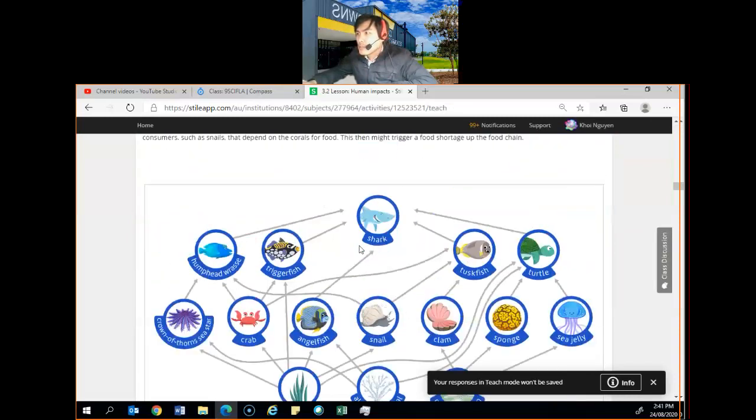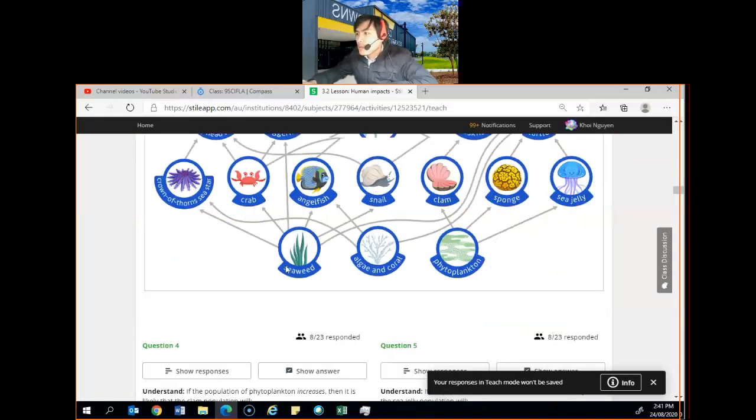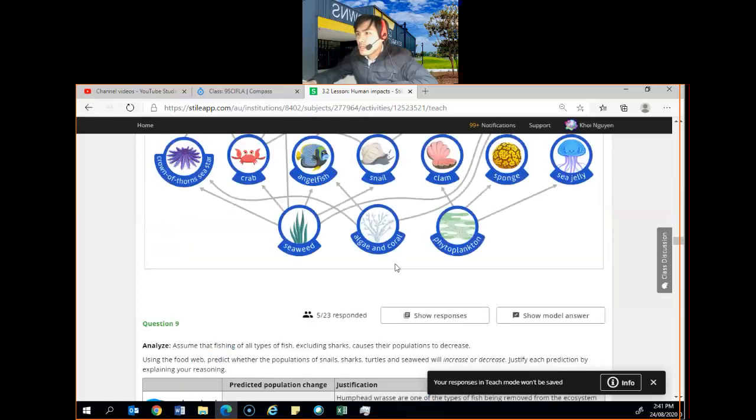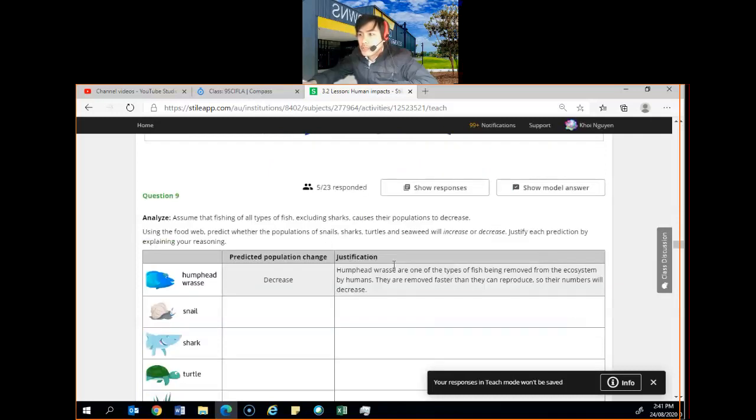So here's our food web, and question 9 is saying fishing causes all types of fish to decrease in population. So we need to predict whether the populations of snails, sharks, turtles and seaweed would increase or decrease.